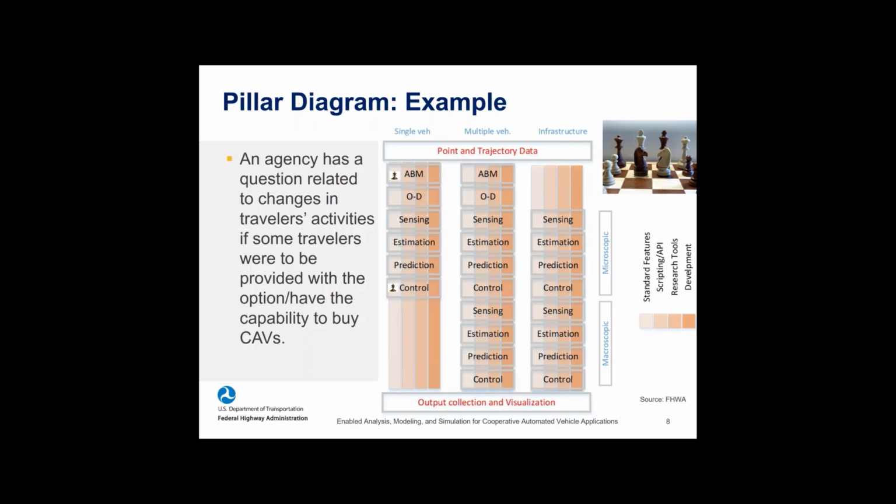And then again, you go through placing the piece. Is it a standard feature? Is it a scripting and API? Is it a research tool? Or is it a total complete development that you're going to do yourself? And I'm going to go ahead here and put it in the scripting and API, assuming that if you are given a new feature and that feature has not been already put there in the simulation package, but you can do it through API, then that's a level of development that involves.